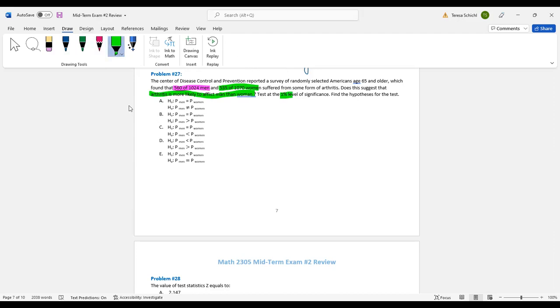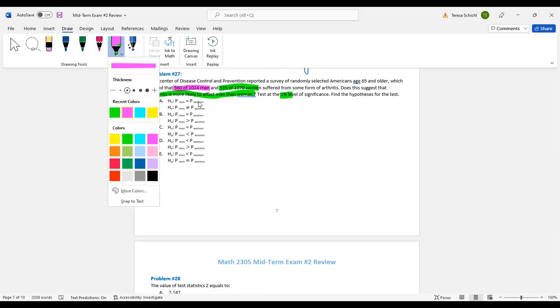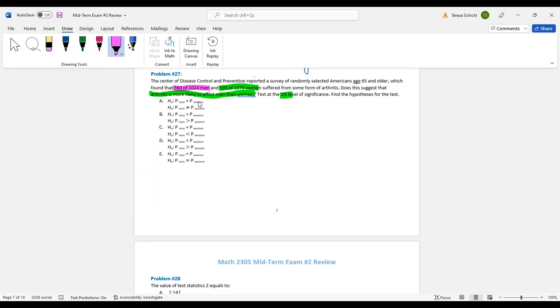So what is our hypothesis? H0 is man equal to woman, right? So I want to find if the man is more than woman. So which one is it? Arthritis affects men more, so man greater than woman.